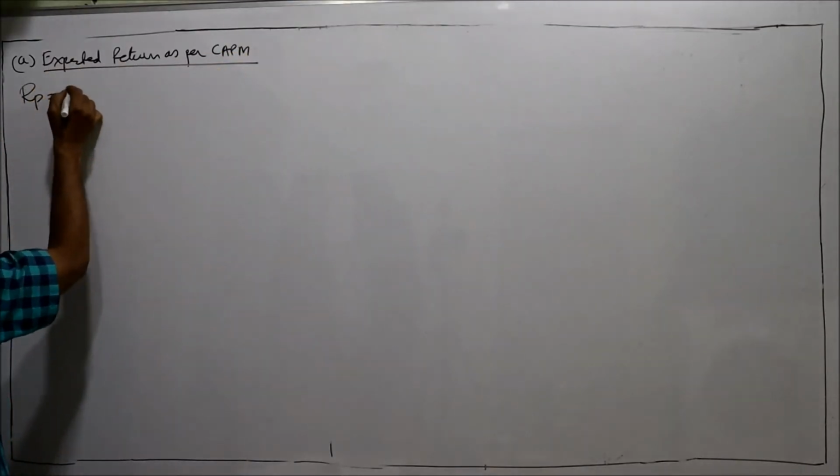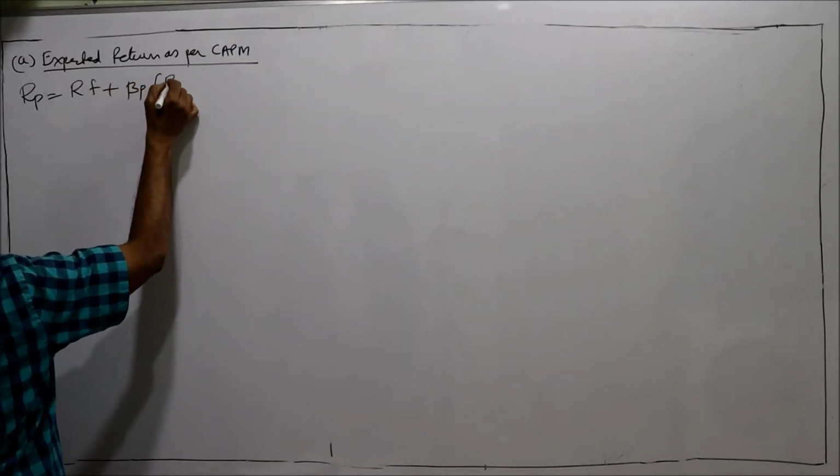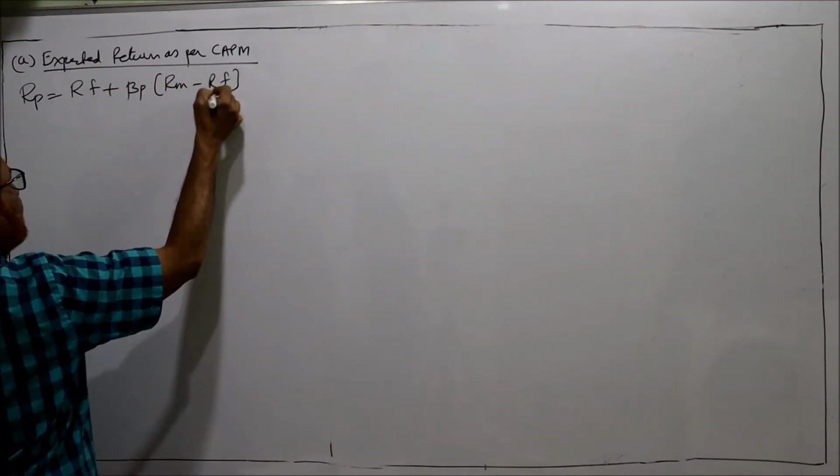Expected return RP is equal to RF plus beta P into RM minus RF.